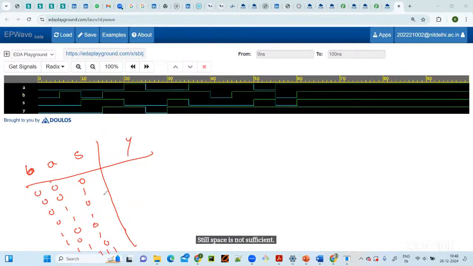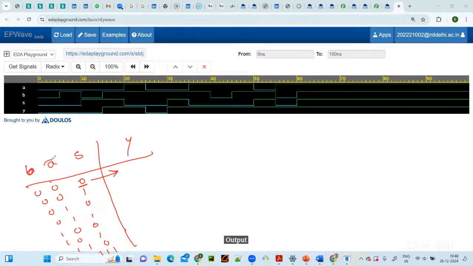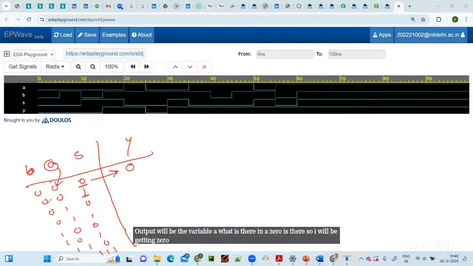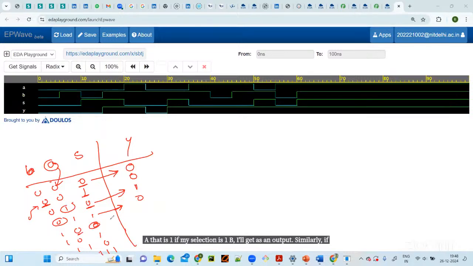Okay, so see here, if my selection is 0, what is the output? Output will be the variable A. What is there in A? 0 is there, so I will be getting 0. If my selection is 1, I will be getting B. What is there in B? 0. Again, if my selection is 0, what will I get? A, that is 1. If my selection is 1, B, I'll get as an output. Similarly, if selection is 0, I'll get A.